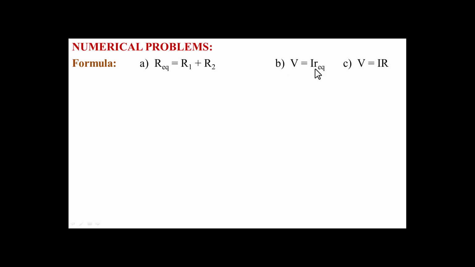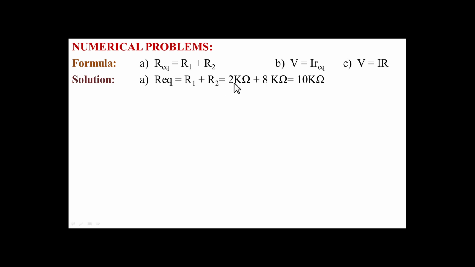Here R equivalent is also used, because according to Ohm's law, V is equal to I R equivalent. And in part C, we also use the formula V is equal to IR, but with R1 and R2, the two values.